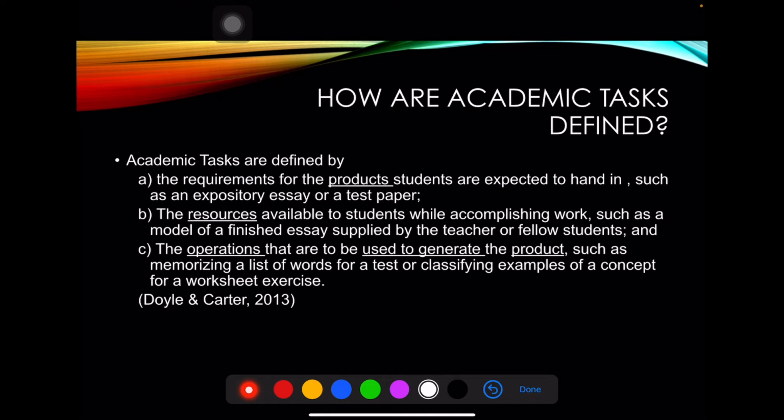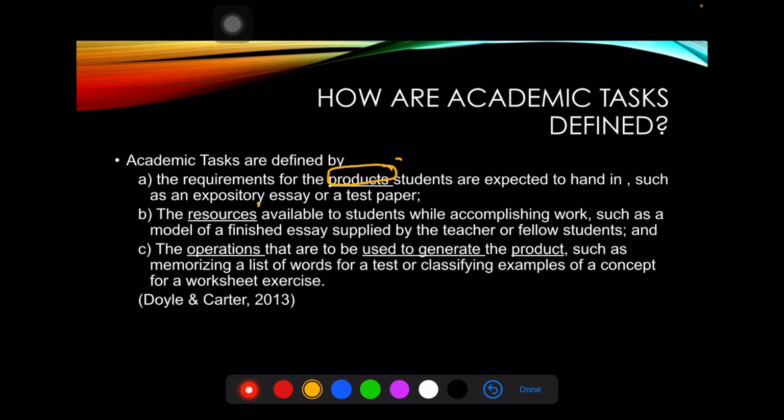Now, how are academic tasks defined? The definition is that it is defined by the requirements of the products students are expected to hand in, such as an expository essay or a test paper. That is the first, the product.